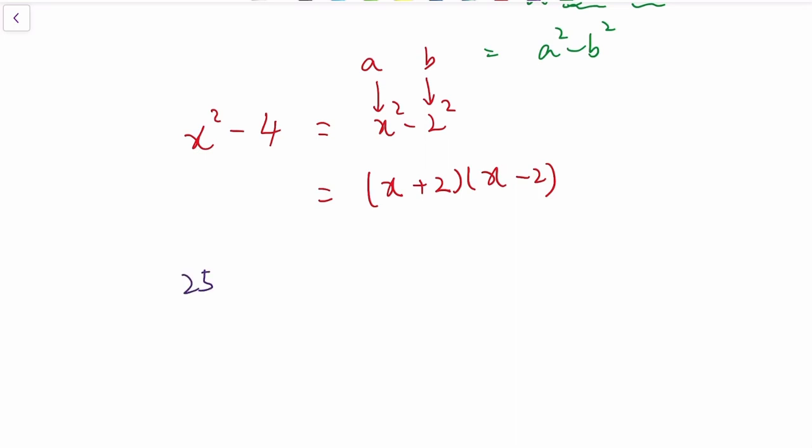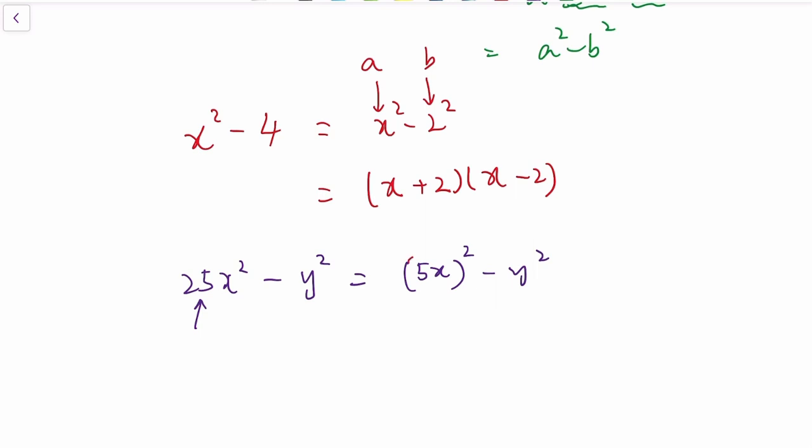Maybe it is 25x squared minus y squared. Okay. Pause the video if you want to try. 3, 2, 1. Now the key would be noticing that 25 is 5 squared. So 25x squared could be written as 5x bracket whole square, then minus y squared.